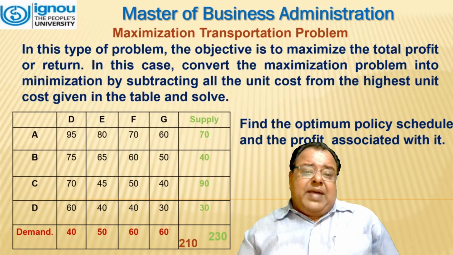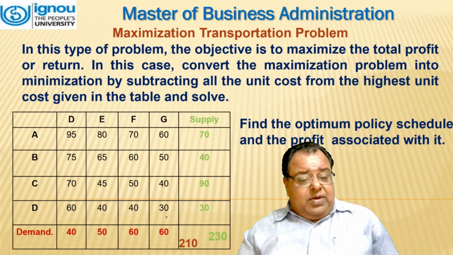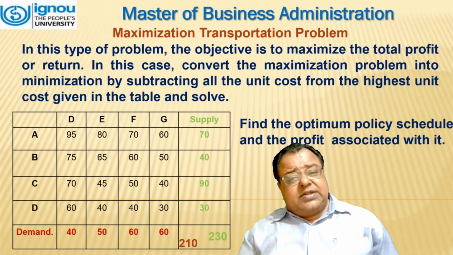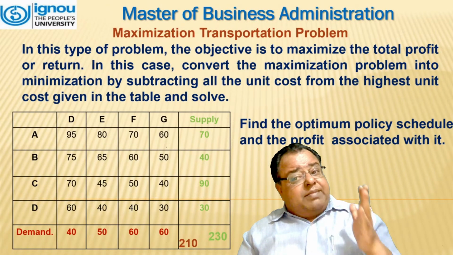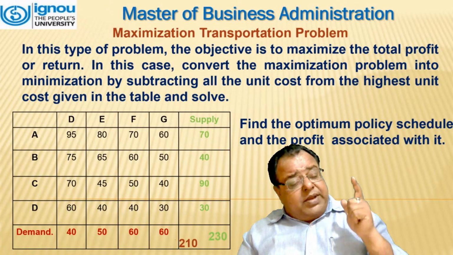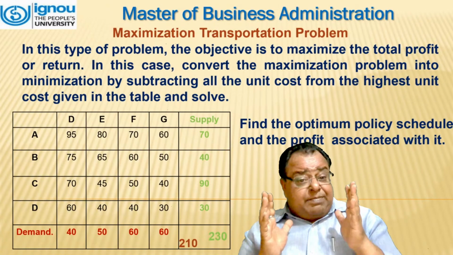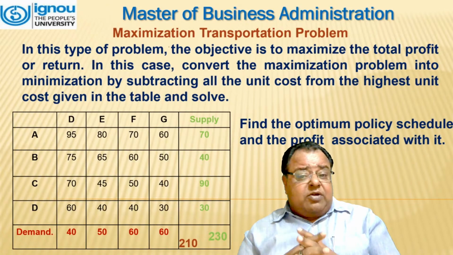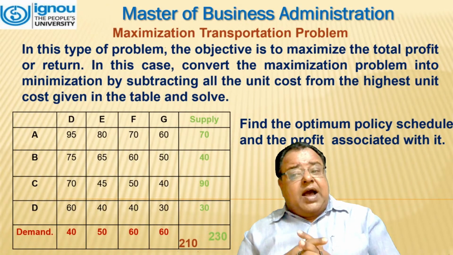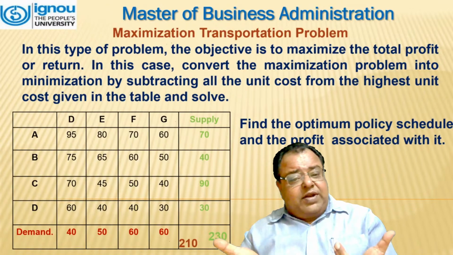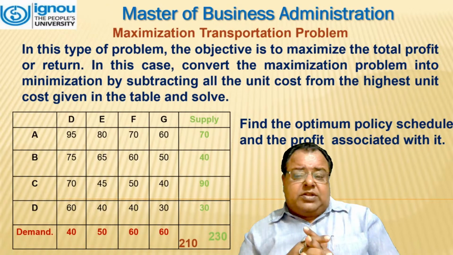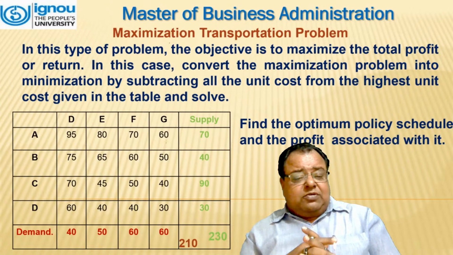Now, how to handle maximization in a transportation problem? In this type of problem, the objective is to maximize the total profit or return. In this case, convert the maximization problem into a minimization problem by subtracting all the unit costs from the highest unit cost given in the table, and we have to solve it, finding the optimum policy schedule and the profit associated with it.